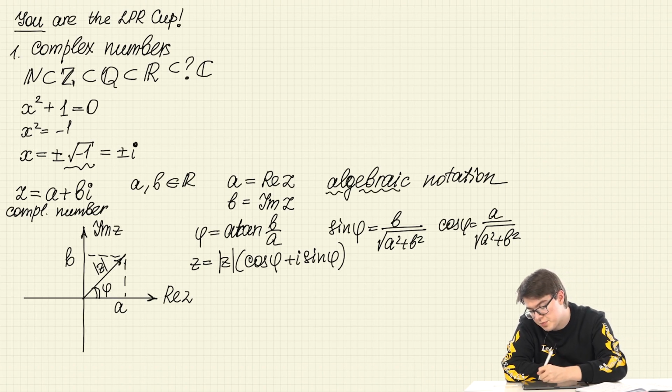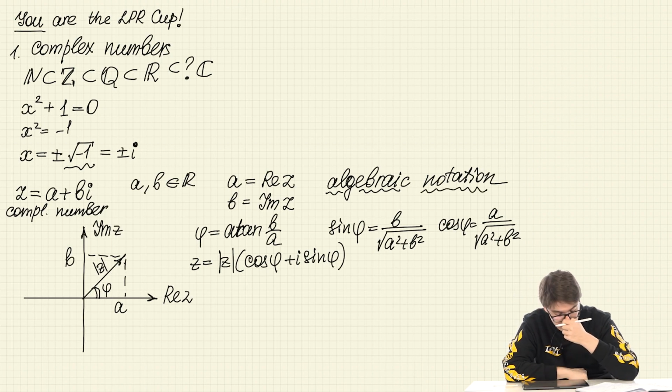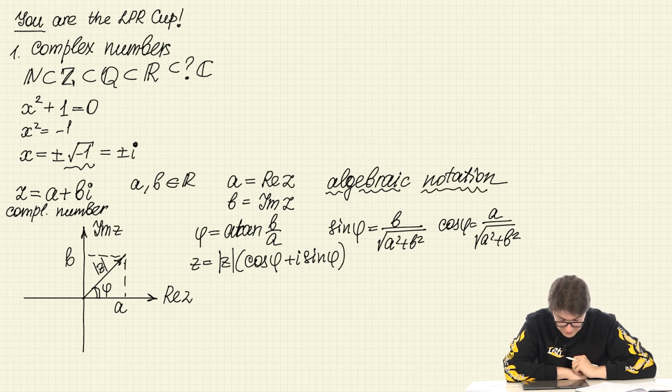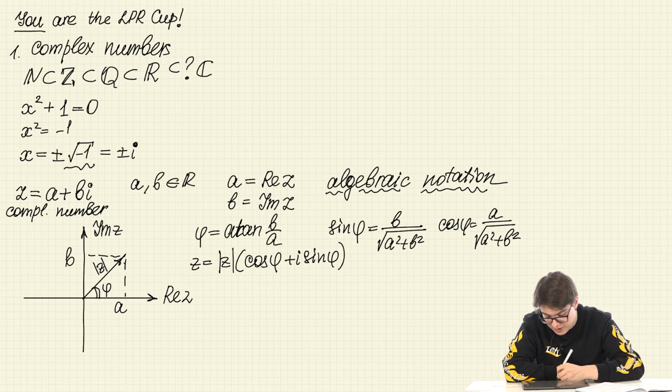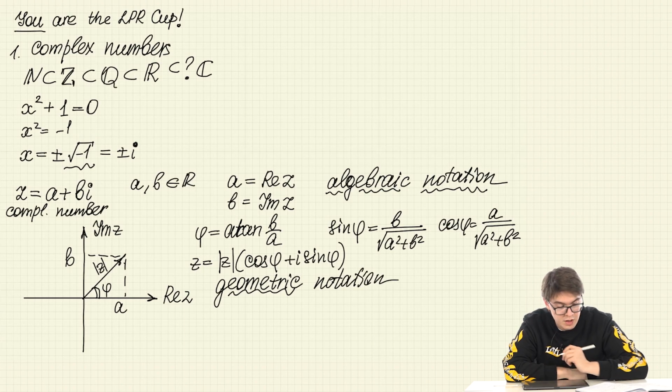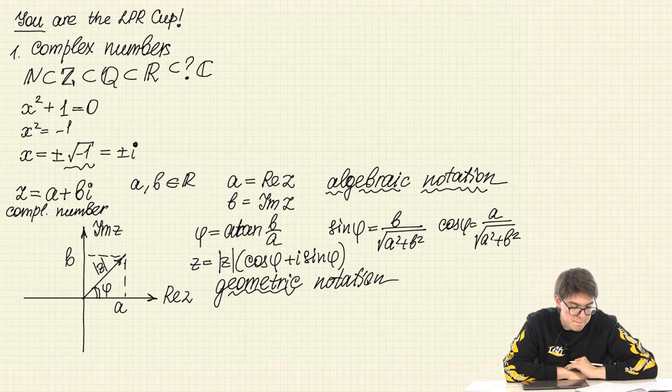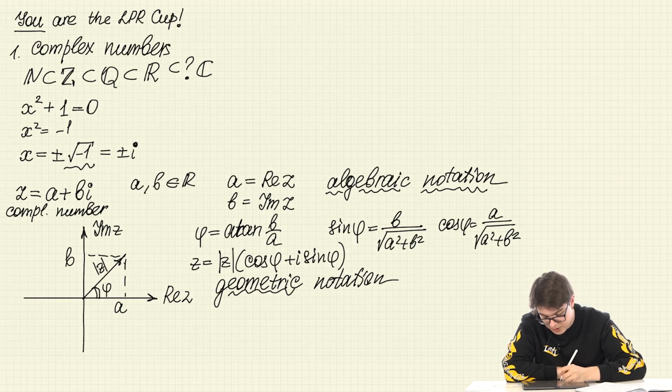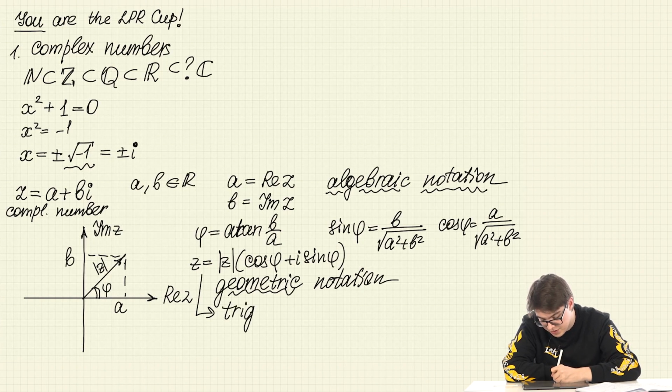So after the algebraic notation, we can also include the geometric notation of a complex number. Moreover, this one is called the trigonometric notation.